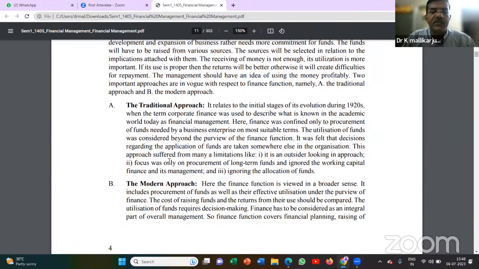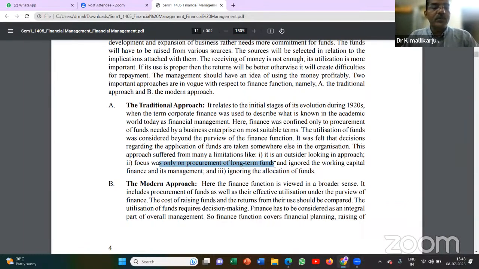Until before the 1950s, financial management was nothing but procurement of funds, and that too only for long-term purposes. They didn't consider working capital management. In the earlier days, it talked only about how funds could be procured for long-term, not short-term purposes.